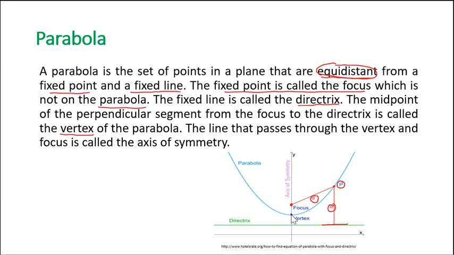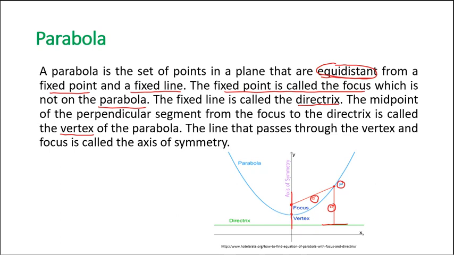The vertex is the midpoint of the perpendicular segment from the focus to the directrix, and the line that passes through the vertex and the focus is called the axis of symmetry.